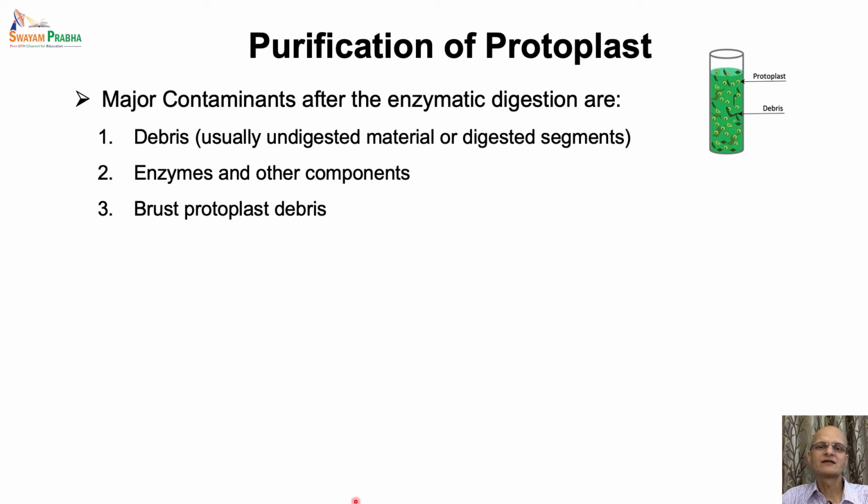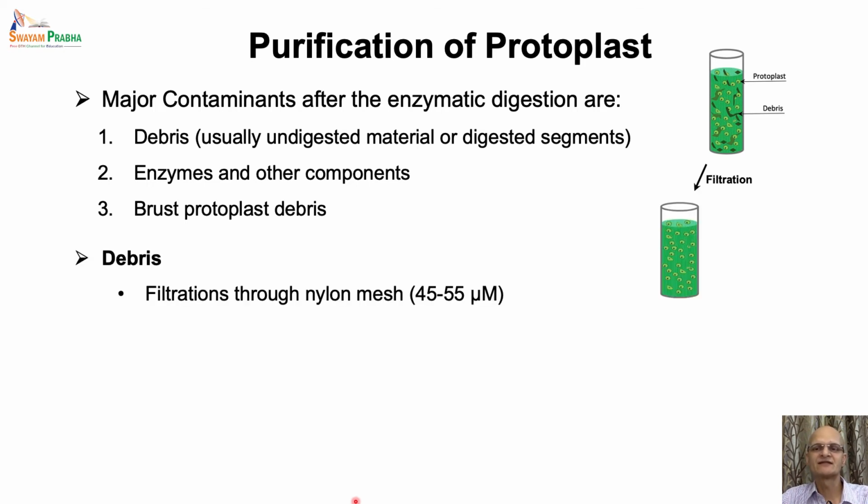Usually, the large debris like cell clumps or undigested large tissue fragments can be easily removed by filtration through nylon mesh of pore size of about 45 to 55 micrometer.